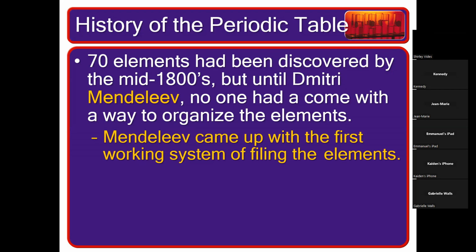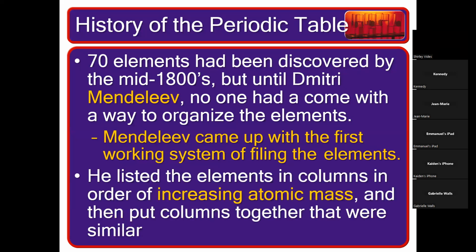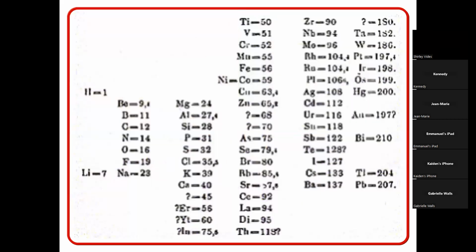So he kind of figured them out and he listed them according to increasing atomic mass and put the elements in the same columns that were similar to each other. And this is his periodic table from the very beginning. Remember, not all these elements had been discovered yet. So he did a pretty good job.